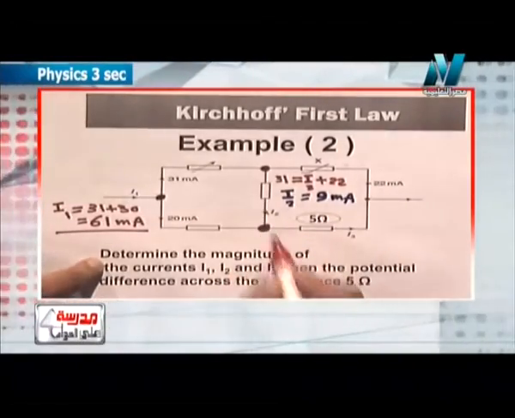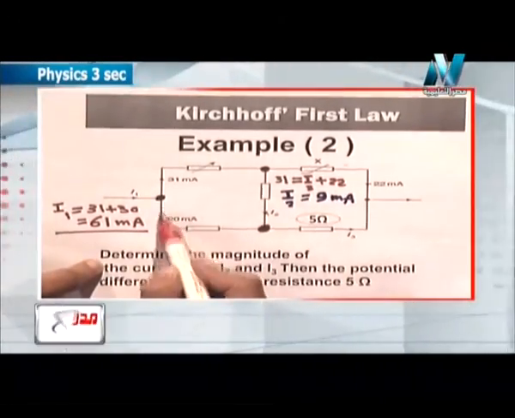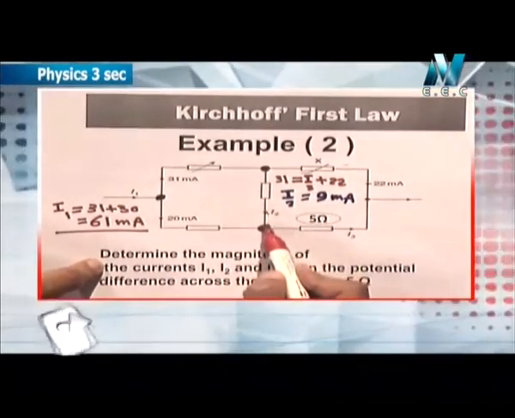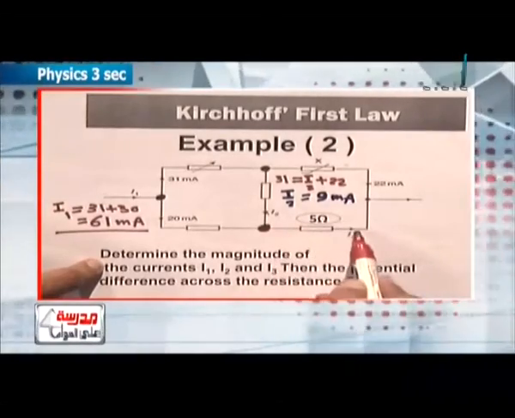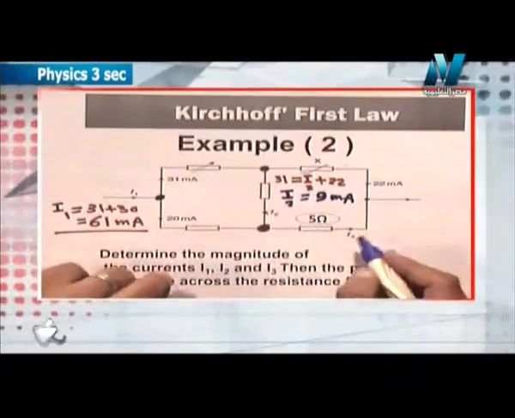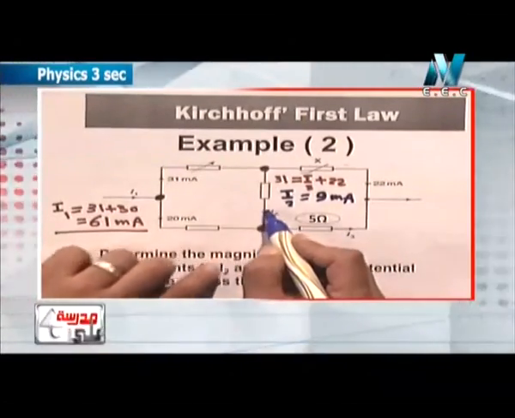At that node, 20 milliampere enters, I2 enters, I3 out. So we can calculate I3. How do we calculate I3? I3 out equals I2 and 20.